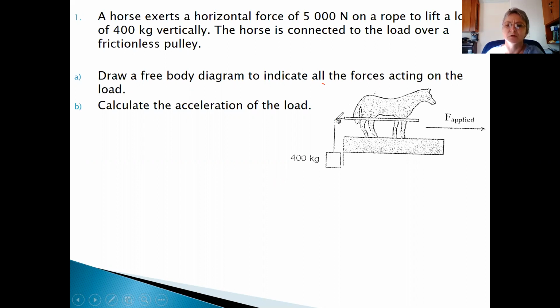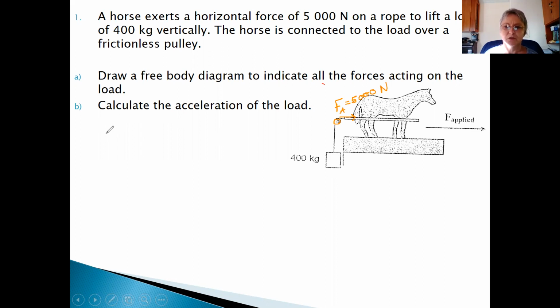So this is our frictionless pulley, and the force that is applied at that point by the horse is 5,000 newtons. The mass of the crate, or the load, is 400 kilograms. From that, we can calculate the gravitational force.